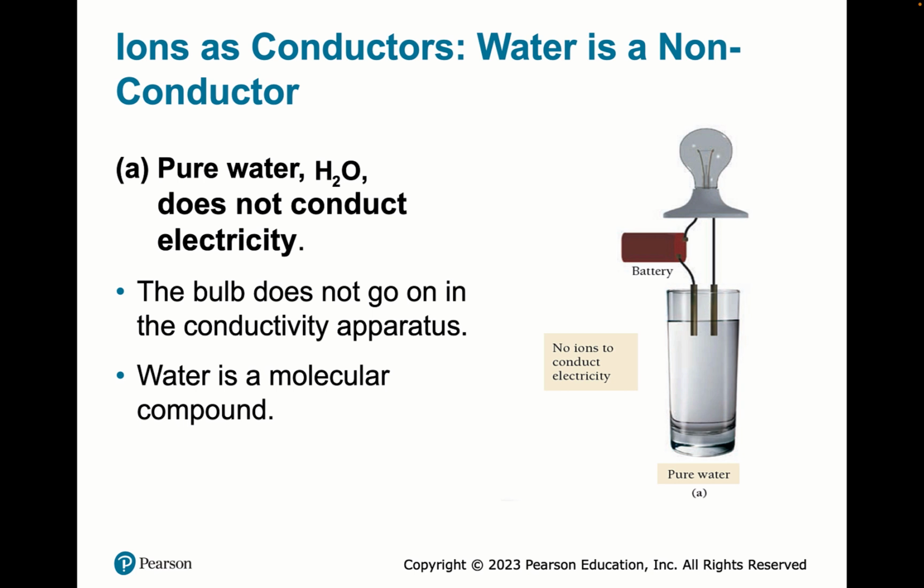But the times that you will see pure water not conducting electricity very well are in a laboratory setting, where even in air, carbon dioxide will dissolve into the water, and it can slightly conduct then.